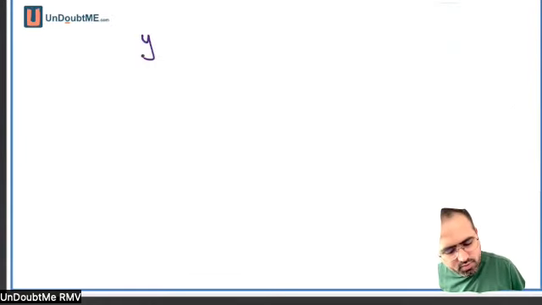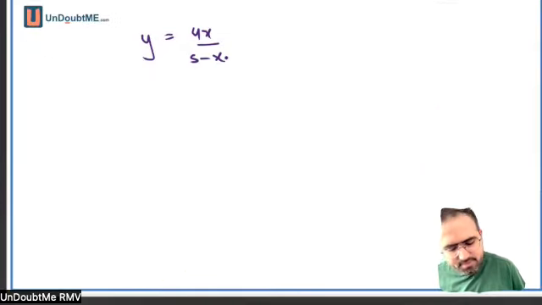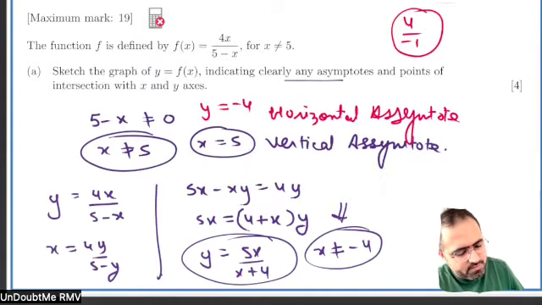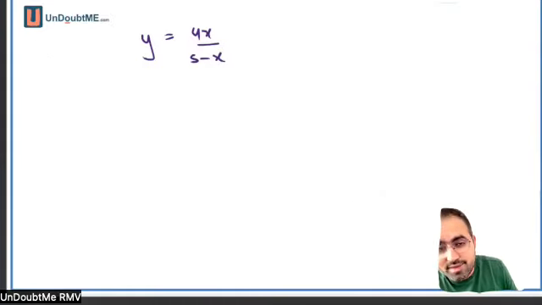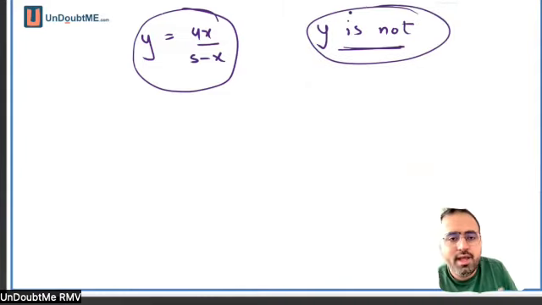Okay. So y is equal to 4x over 5 minus x. Now just try to understand the meaning of horizontal asymptote. Horizontal asymptote means that y is not defined, at what value of y the function is not defined.